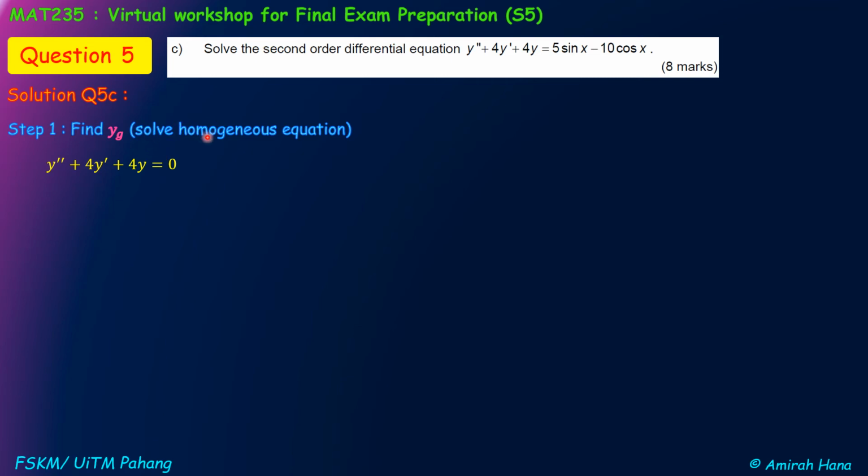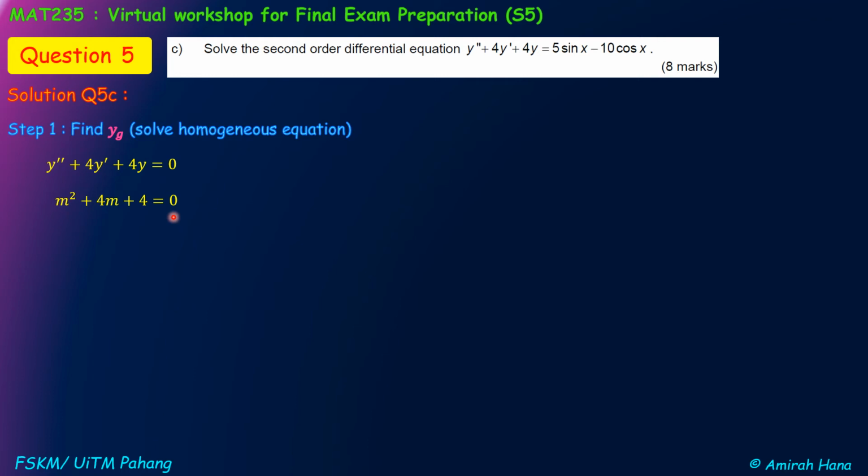When we solve the homogeneous equation, we replace y double prime with m squared, y single prime with m, and y with m to the power of 0, which equals 1. So we have m squared plus 4m plus 4 equals 0.